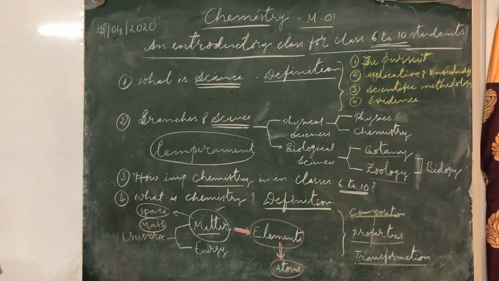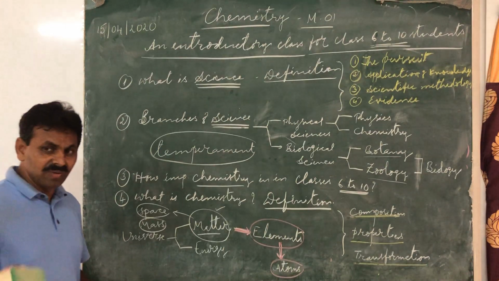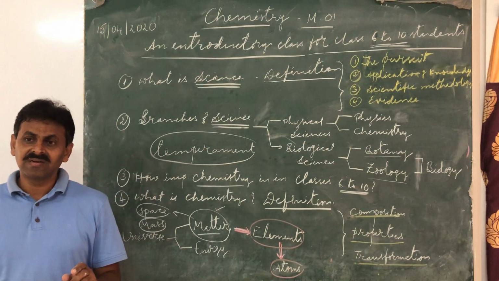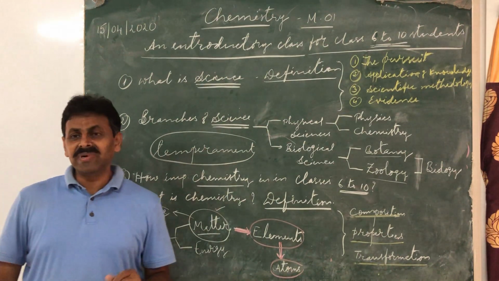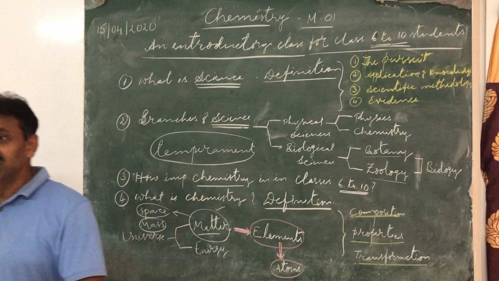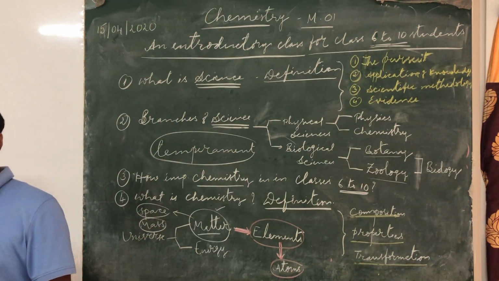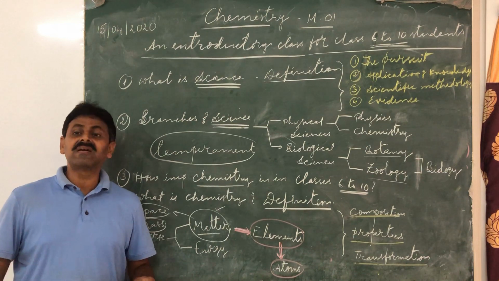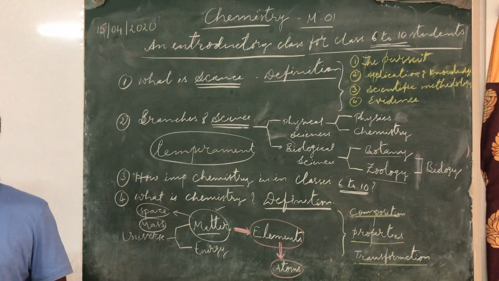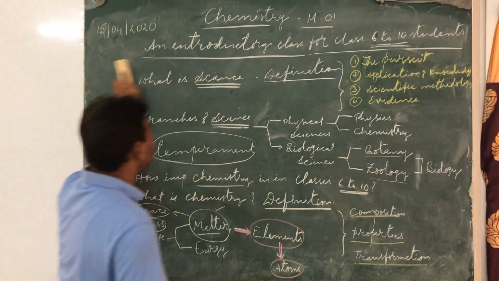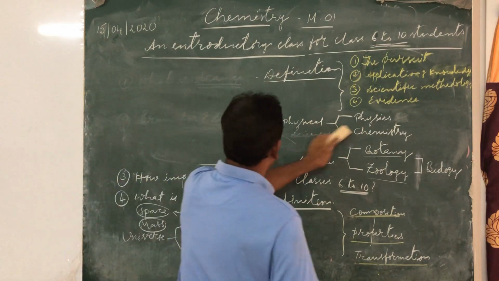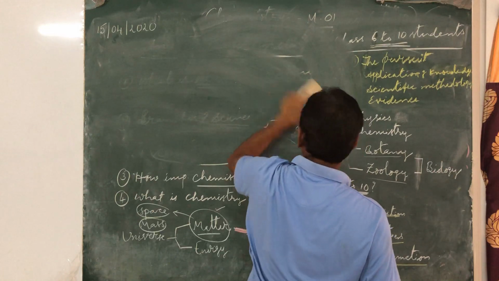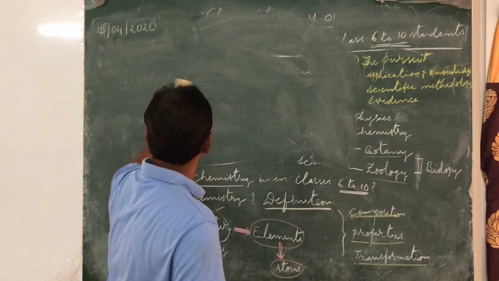That means, very simple to understand. You are having gold. Are you wearing gold? Perhaps you must be wearing gold. Gold is an element. Iron is an element. Aluminum is an element. These are of course said to be metallic elements. There are some non-metallic elements, other elements like carbon, nitrogen. I'll be writing here, that's better. It is all there in your material, but still it's better I write.